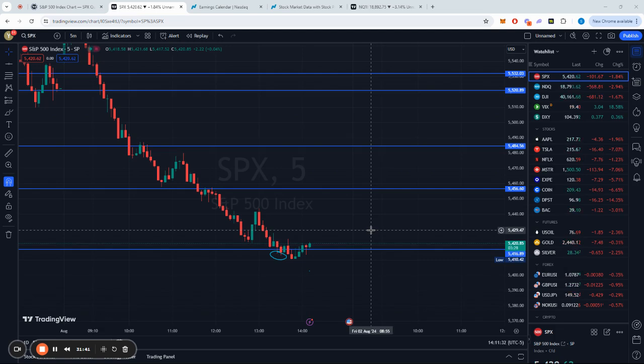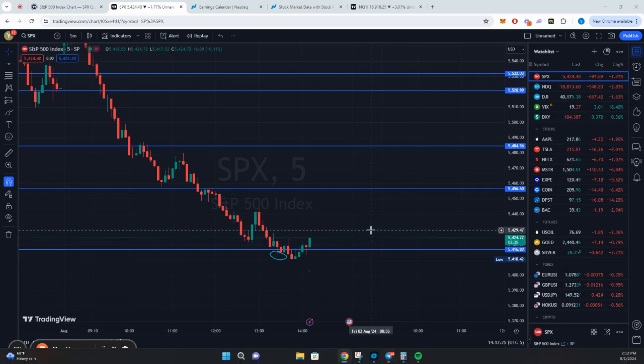I'm betting it's the long side into the close with big earnings at the bell. Want to see it run here. Need to see it run.